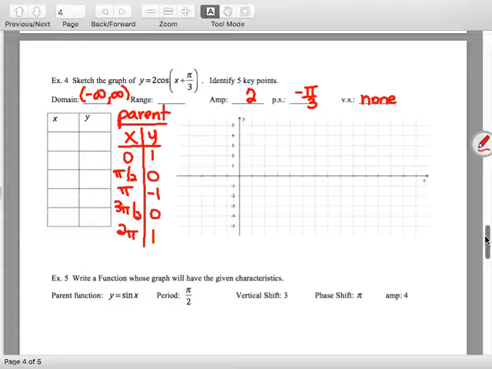All right, now let's do our mapping. I'm going to set the inside equal to my dummy variable, so we'll call that smiley face. So x is smiley minus pi over 3.